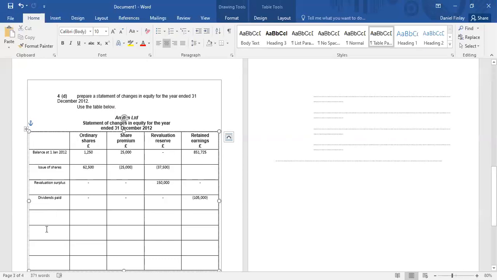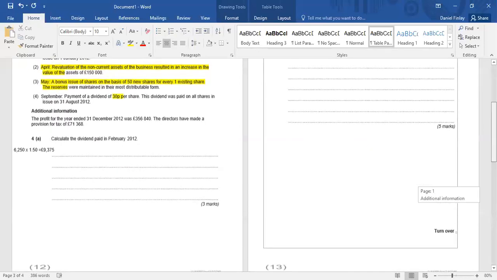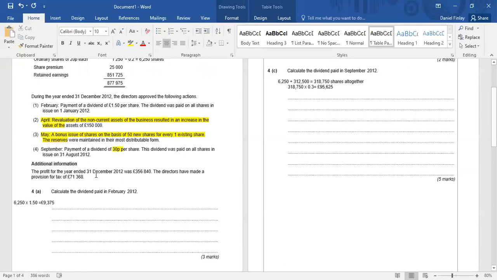So I'm just going to put that in a row below, because again, hopefully you spotted there's one more thing that affects the equity, and that's the profit for the year. So again, that only changes the retained earnings. So you look back up, and it was hidden there. So the profit for the year was that number, and the directors made provision for tax of that number, so we needed to take them away.